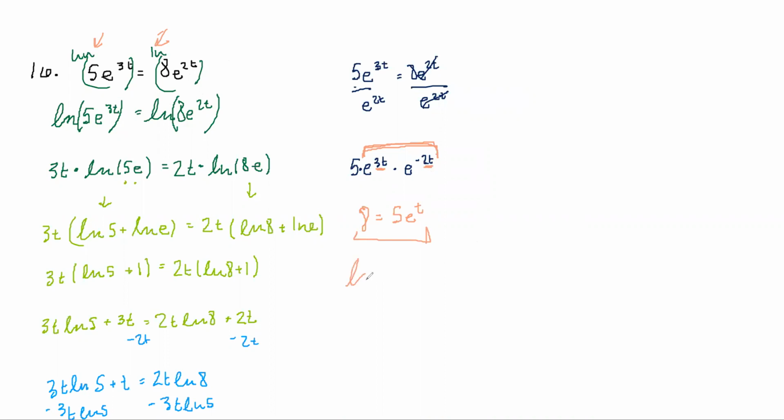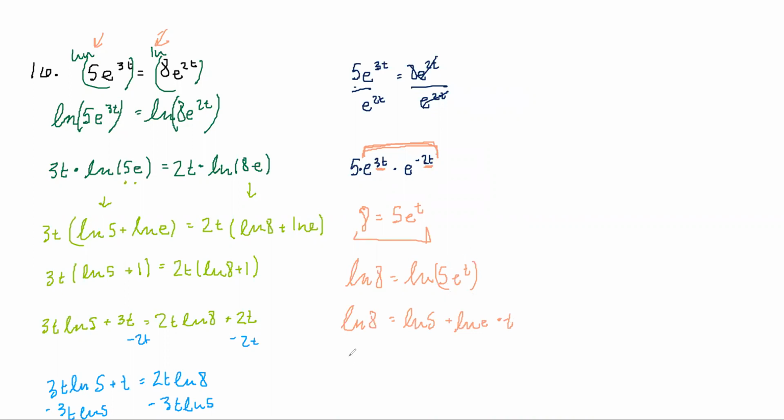So that would be the natural log of 8 is equal to the natural log of 5e to the t. The natural log of 8 is equal to the natural log of 5 plus the natural log of e times t. I just split these up right here because they're multiplied.